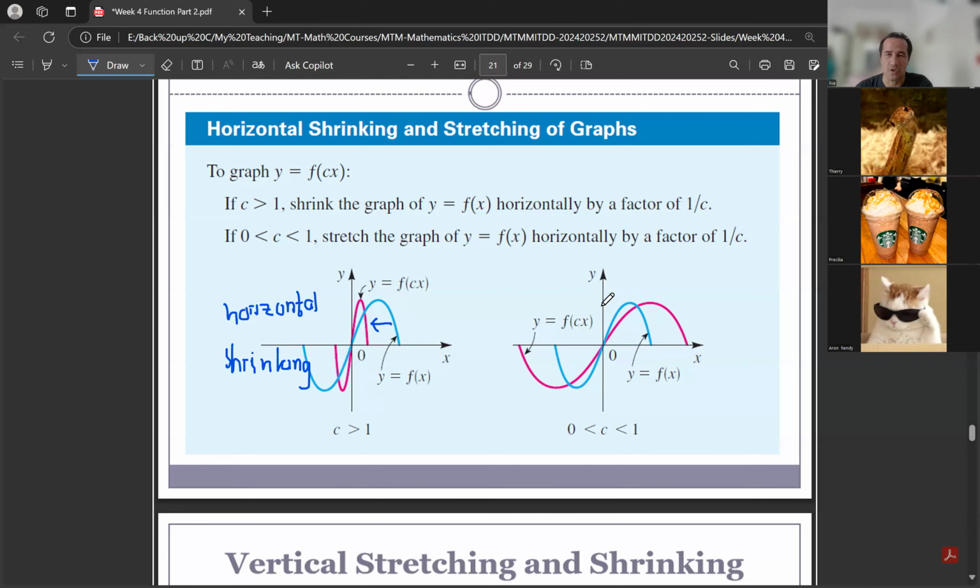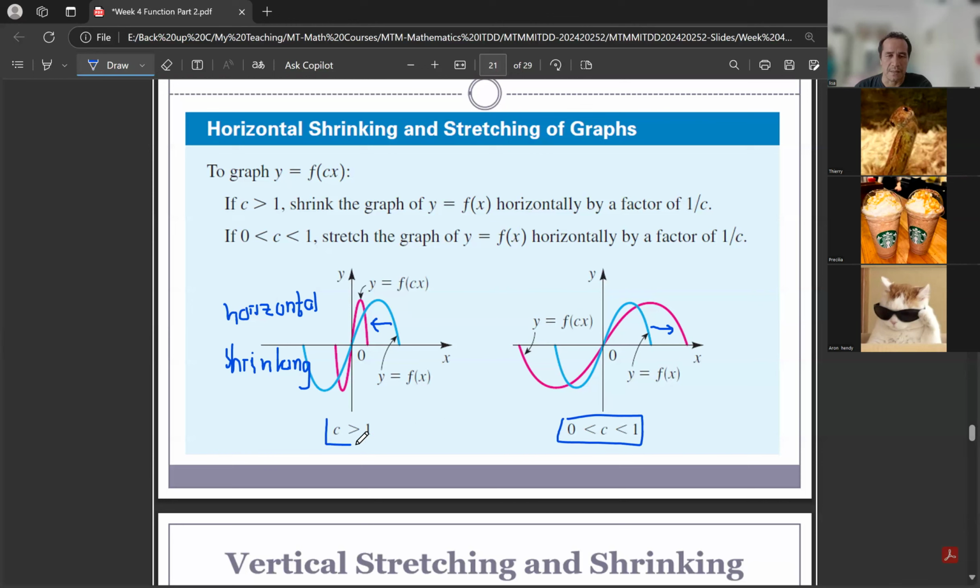What does horizontal stretching mean? The original is the blue curve and the result is the red curve: ditarik, direnggangkan, sehingga kurva biru menjadi kurva yang menjauh dari sumbu Y. So that is why we say this is stretching, and c is from 0 to 1.